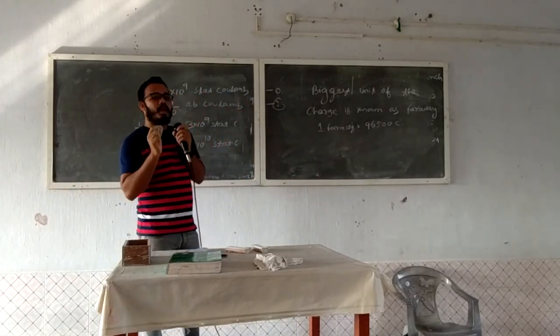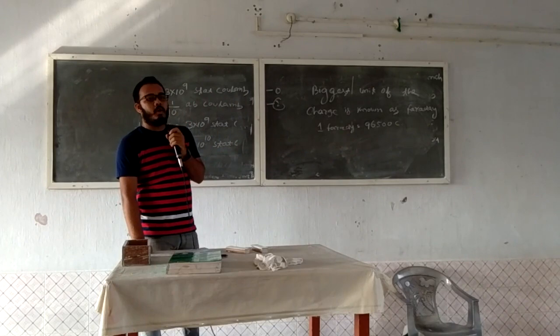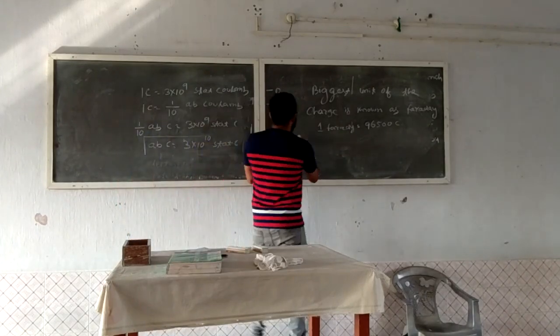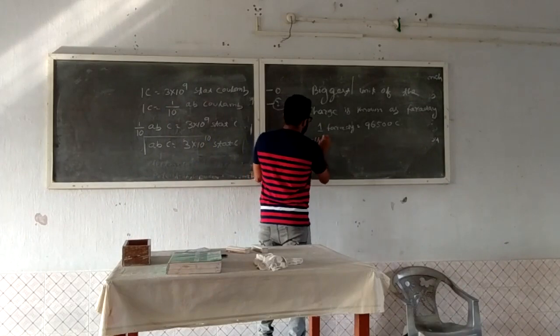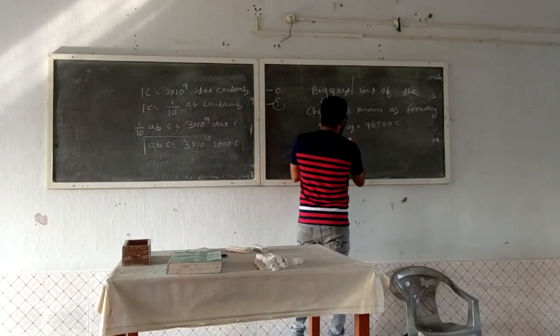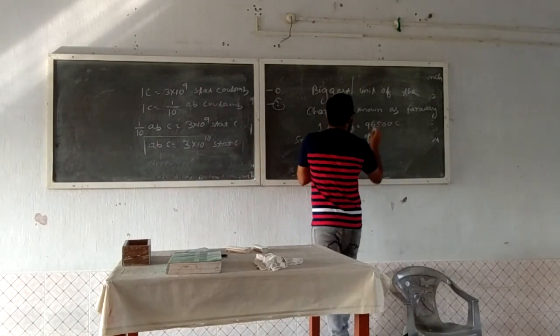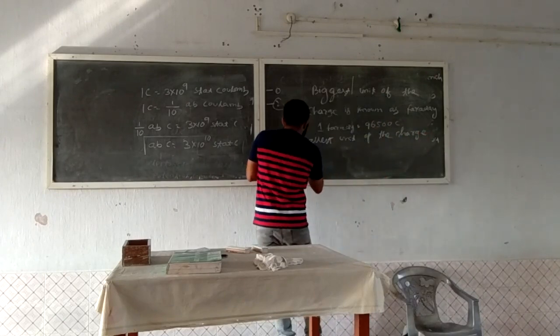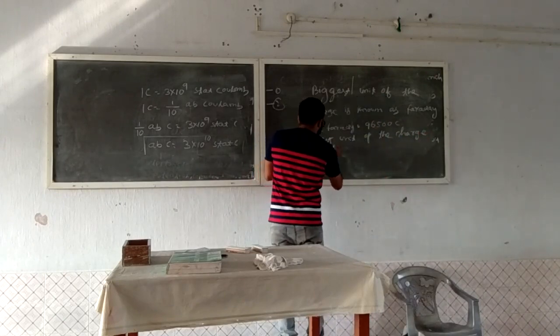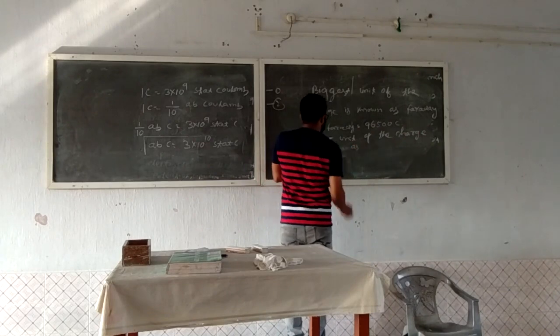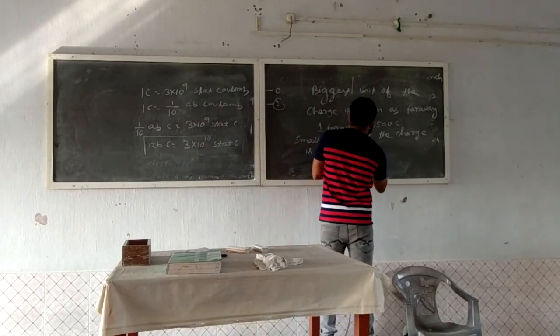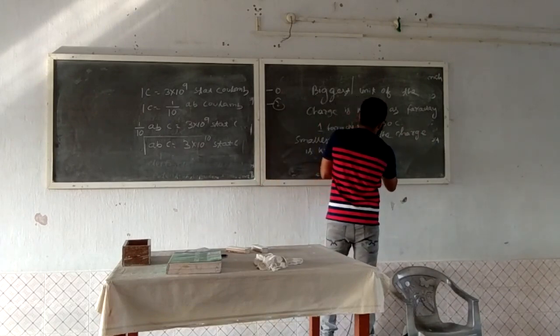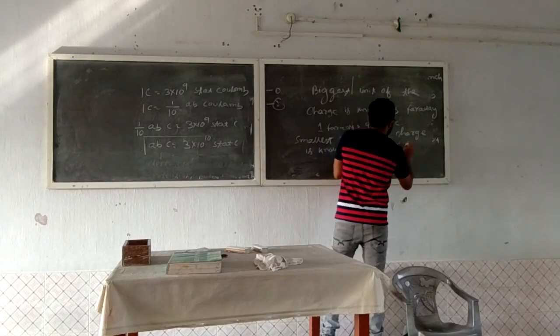Similarly, the smallest unit of the charge is known as Franklin or statcoulomb. We know the smallest unit of the charge is known as statcoulomb or Franklin.